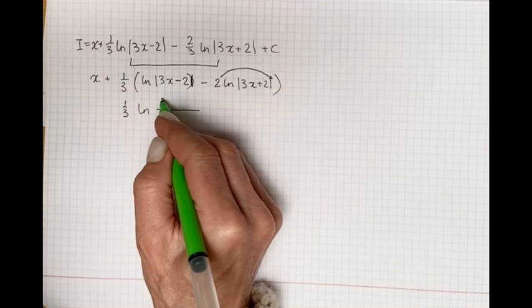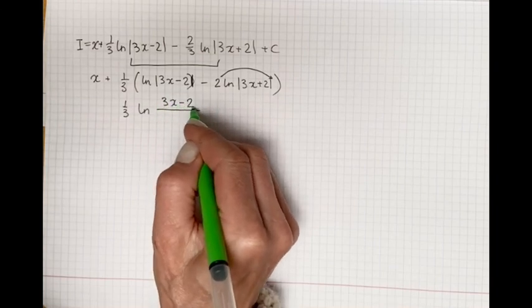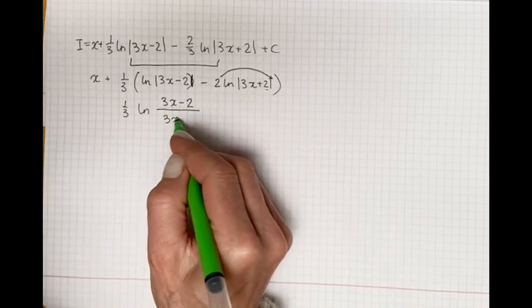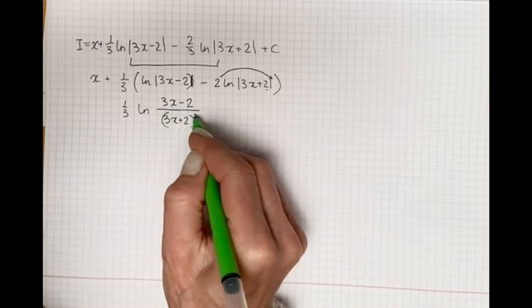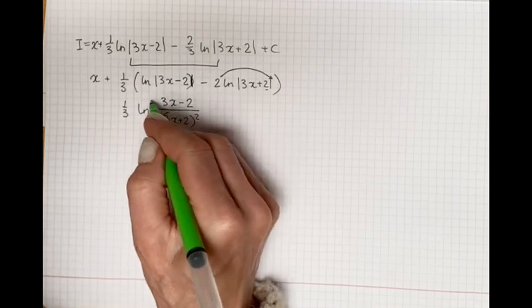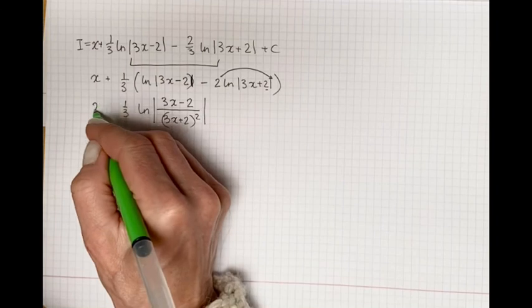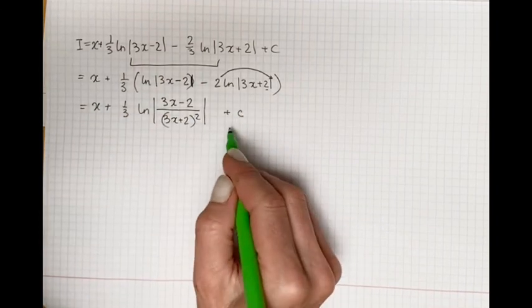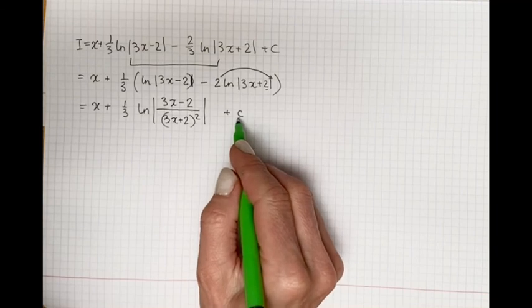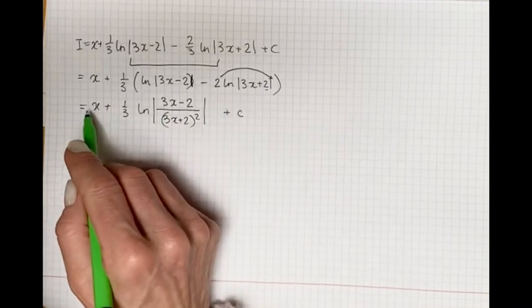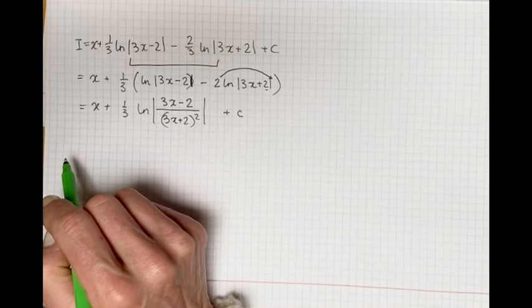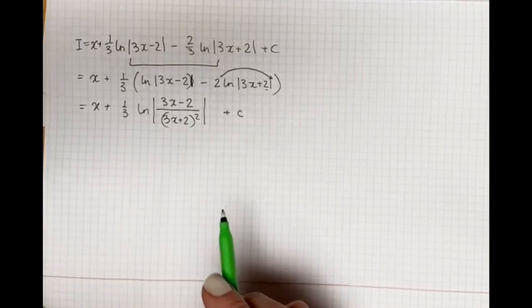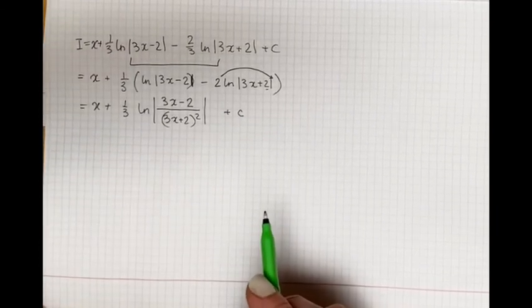The one that's positive, 3x minus 2, goes on the top, and the bottom was 3x plus 2 all squared. And you can either put modulus around the numerator or the whole thing. So do plus c. Now you could also convert plus c into logs, but because we then still are left with x, there is no point. Okay, so that's to help you with the end of that example 21.